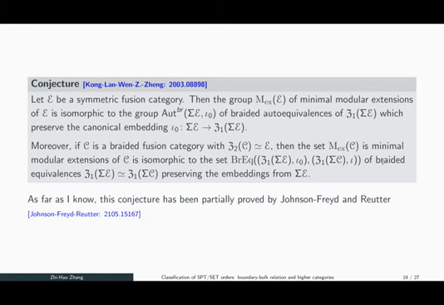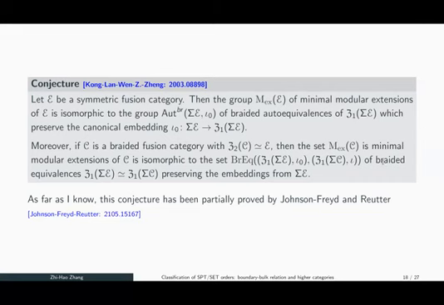And moreover, if we consider SCT orders rather than SPT orders, then we have a braided fusion category C whose Müger center is E. And we consider a set of minimal modular extensions of C, and this set should be isomorphic to another set, that is the braided equivalences from the Drinfeld center of sigma E to the Drinfeld center of sigma C, and they preserve the embedding from sigma E.